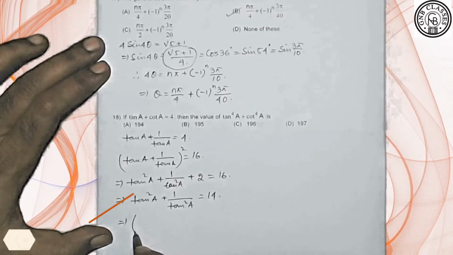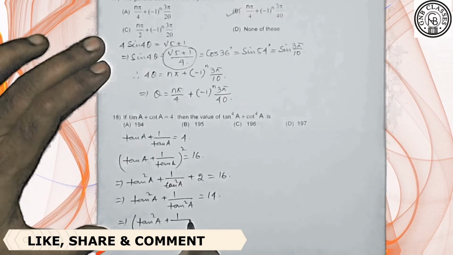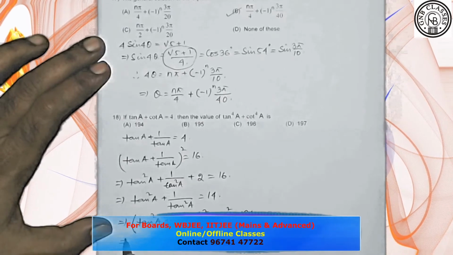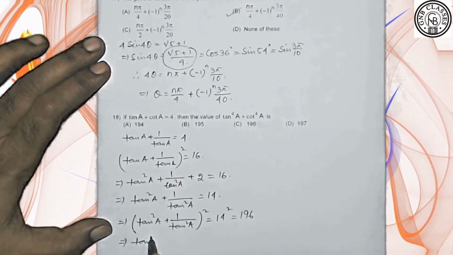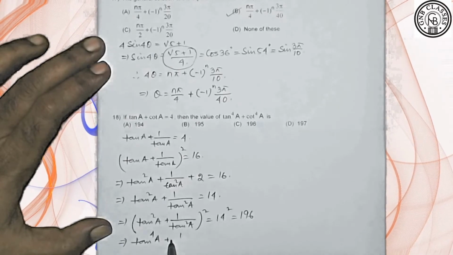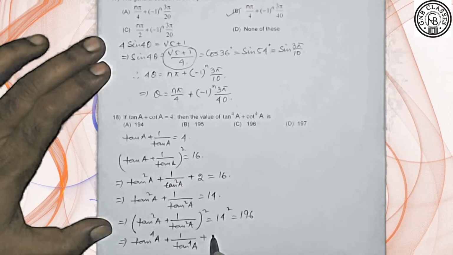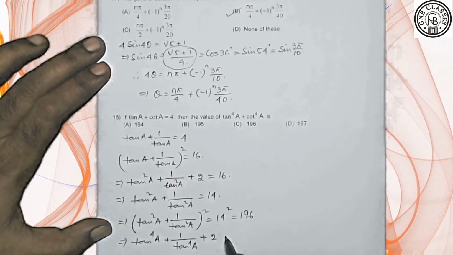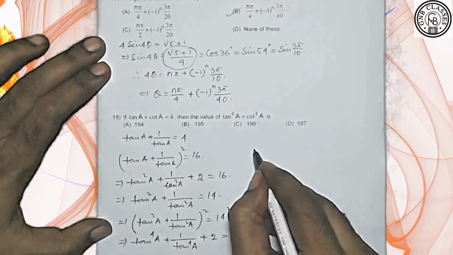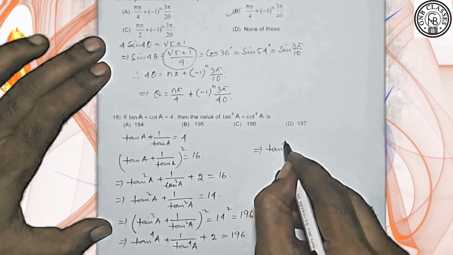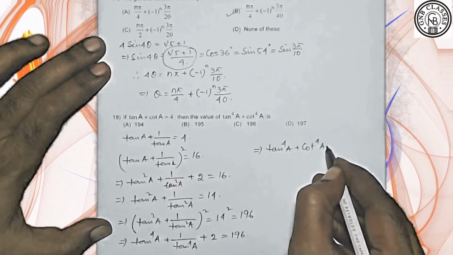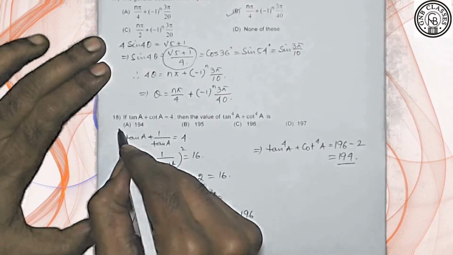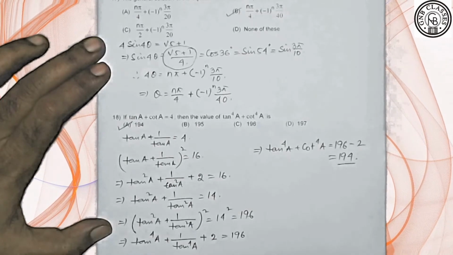Let me square both sides again for the last time. 196. Now if I open the brackets, for this one we are going to have tan to the power 4a plus 1 by tan to the power 4a, again plus 2 will come because twice ab will give you tan square goes off. So only 2 is remaining, which is equals to 196. So that implies tan to the power 4a plus cot to the power 4a is nothing but 196 minus 2, which gives you 194. That is why in this case option A is correct. Is it clear?